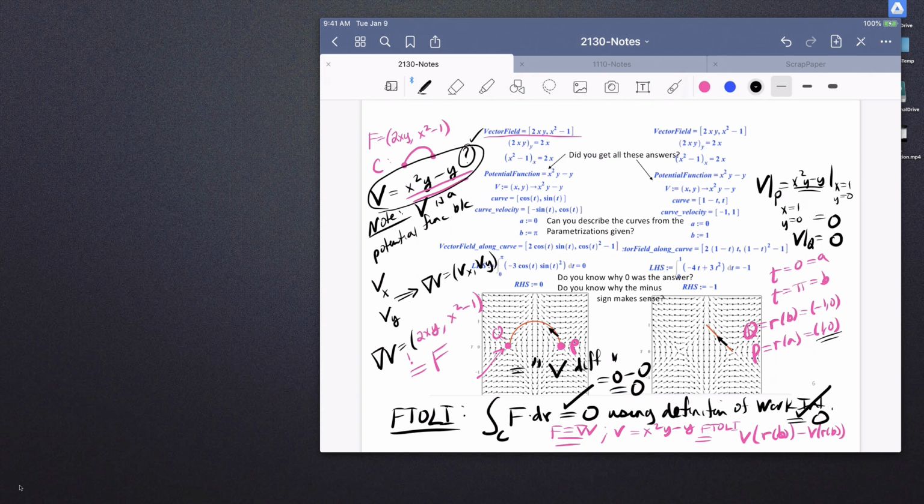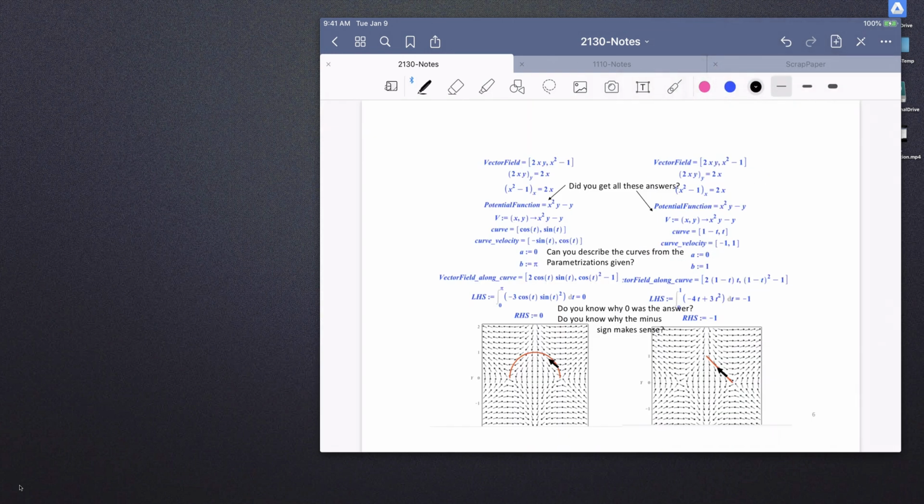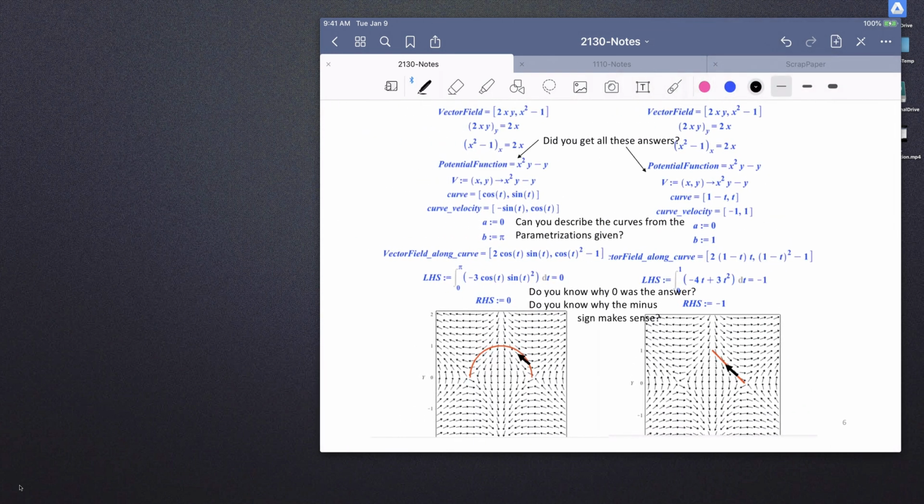Okay, so let's try another example here. Now we're going to keep the same vector field, and that means that we still have the same potential function, x squared y minus y.